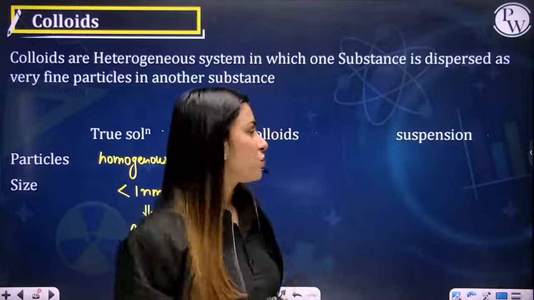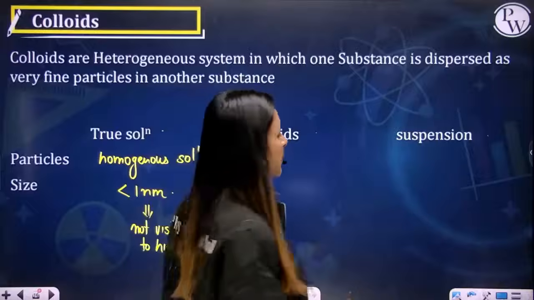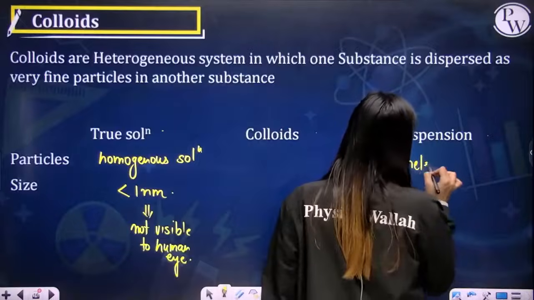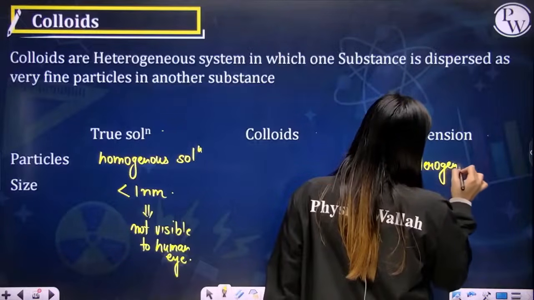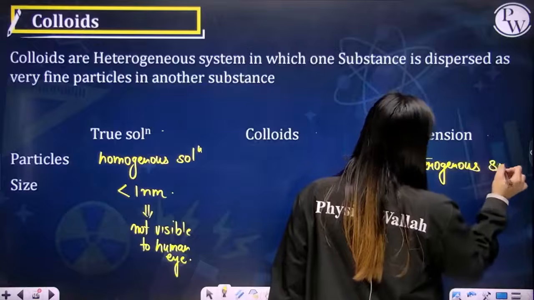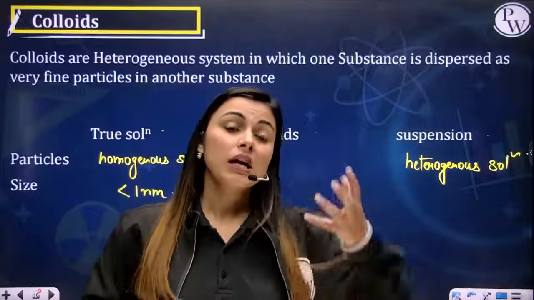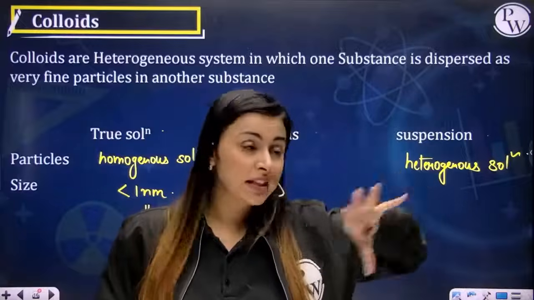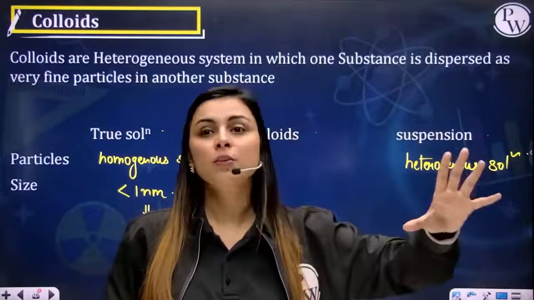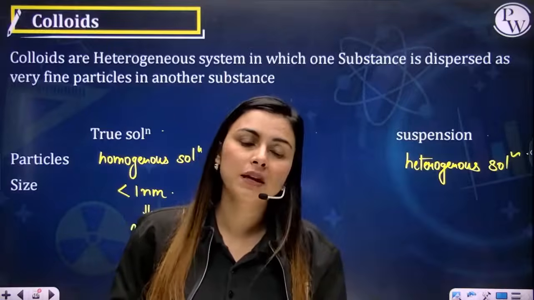And in the same way, my dear students, your suspension is a heterogeneous mixture. Now when you talk about a heterogeneous solution, the solution in which you can see the particles with your human eye, that would be known as your suspension.